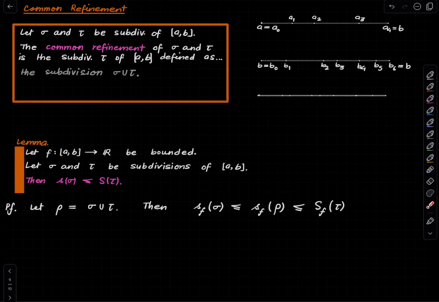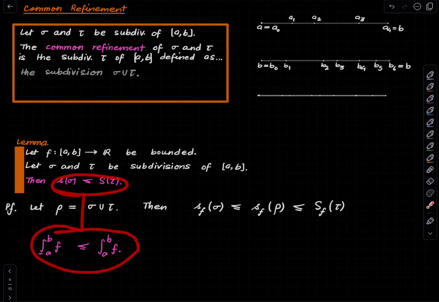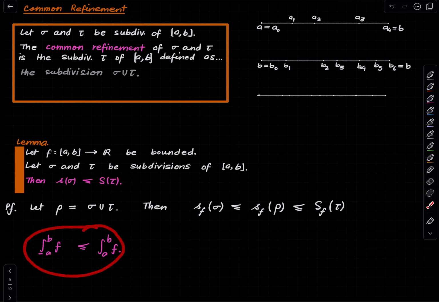So this in particular shows that the lower integral is at most the upper integral. Once you have this, you immediately obtain that. So this is also a lemma, but I am not writing this as a lemma. Just take this as an exercise.